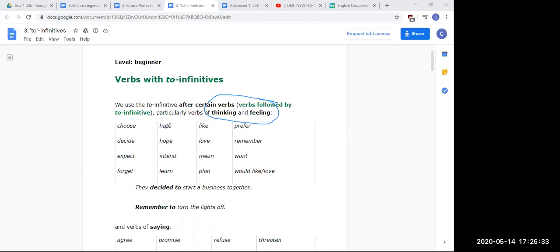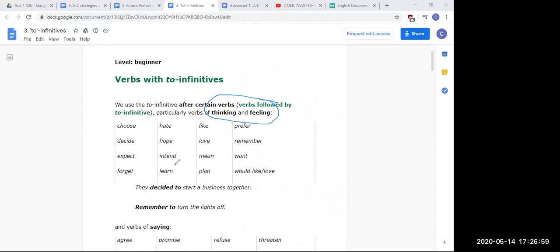Hate is one that we can use with both. So "I hate eating pizza," or "I hate to eat pizza." Hope is always talking about the future. So "I hope to travel to Italy next year." Intend, again, is talking about the future.